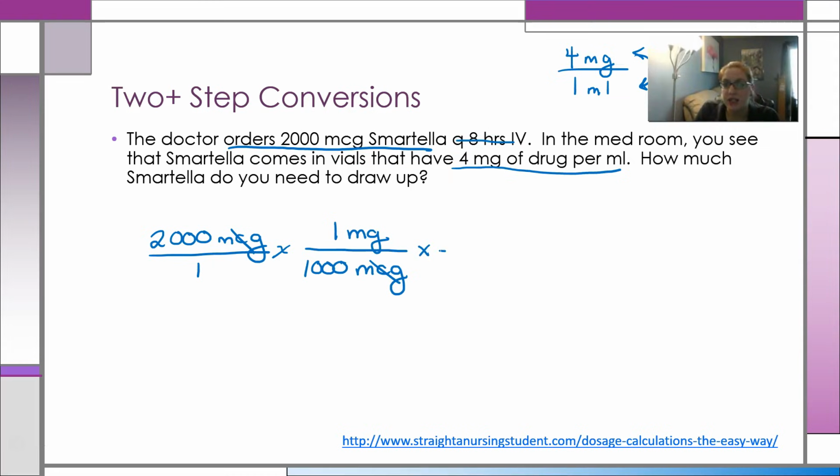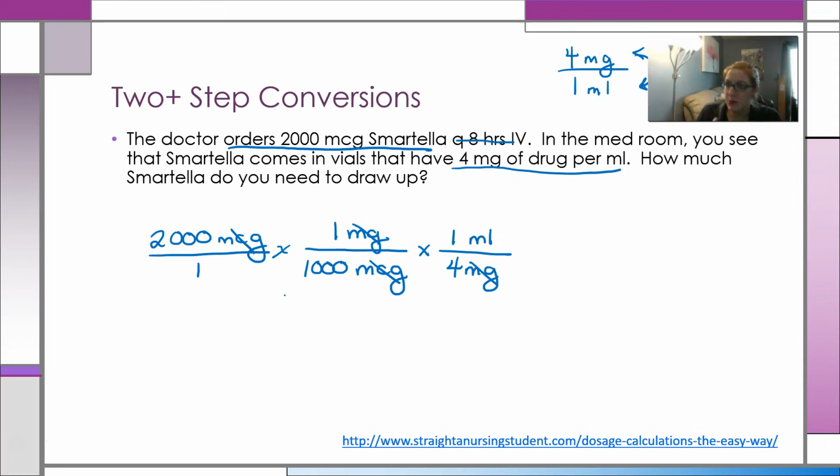Now we have milligrams, which we can match up. So we're going to go ahead and match that up diagonally and put the 4 milligrams on the bottom and the 1 milliliter on top. Recall that this is our conversion unit. It's our supply. It's what the drug we have is. So again, we go ahead and cross off those milligrams, and we notice that our answer, what we have left over, is milliliters.